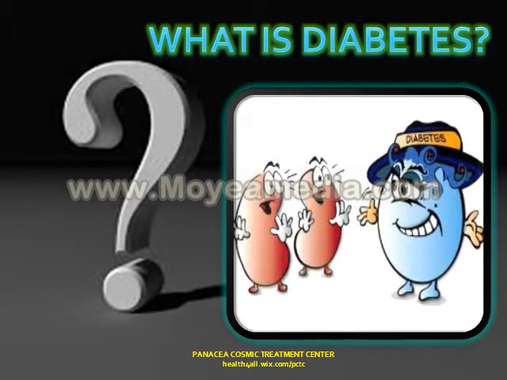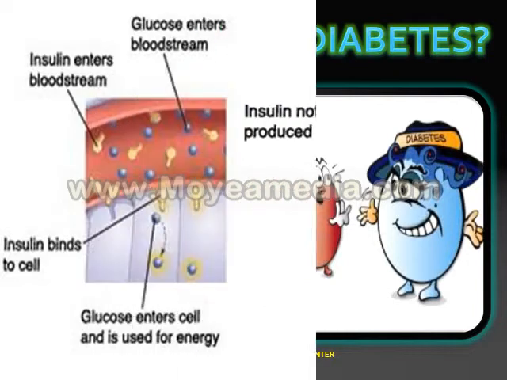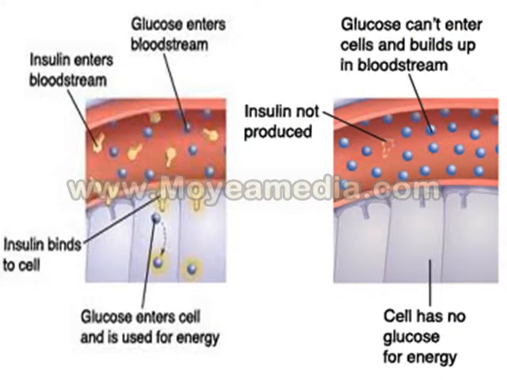Diabetes is the condition in which the body doesn't properly process food for use as energy. It is a defect in the body's ability to convert glucose into energy. Glucose is the main source of fuel for our body.